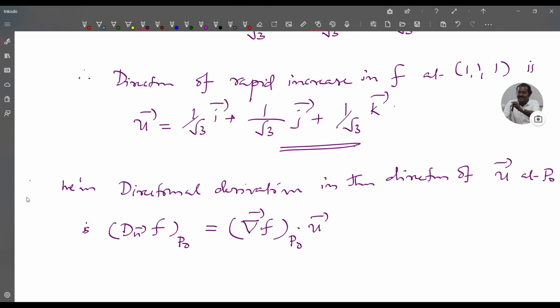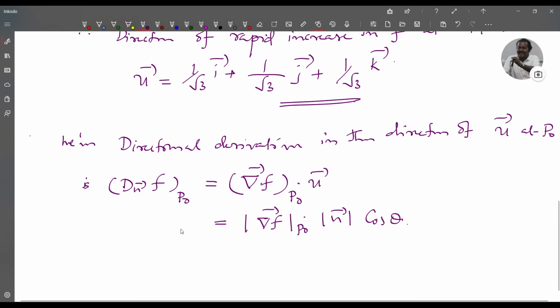So this is equal to modulus of del f at p naught into modulus of u into cos theta. Here u is in the direction of del f because it is the direction of maximum rate of change. So theta equal to 0, and modulus of u equal to 1.